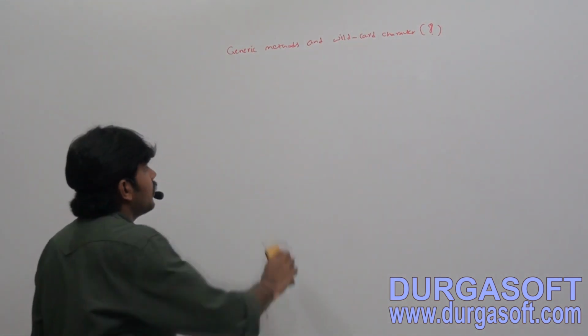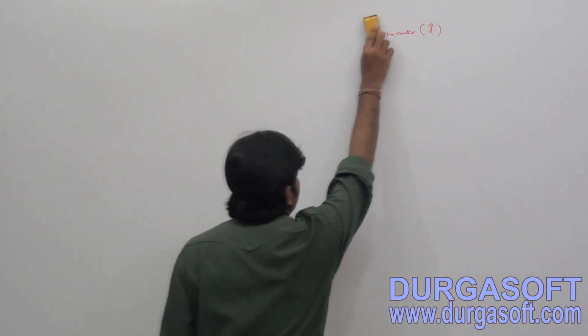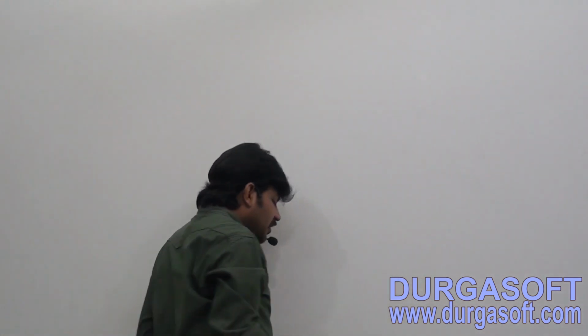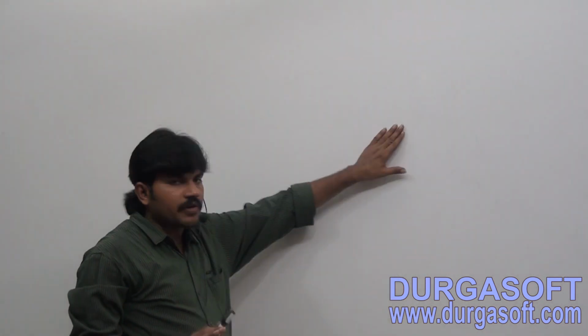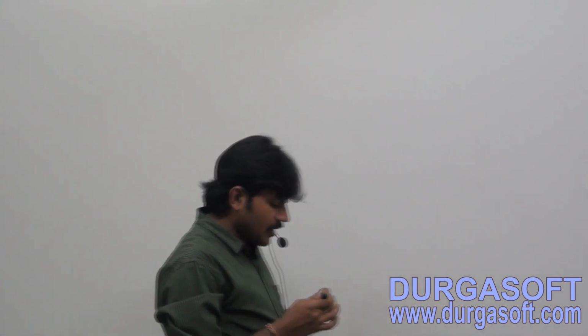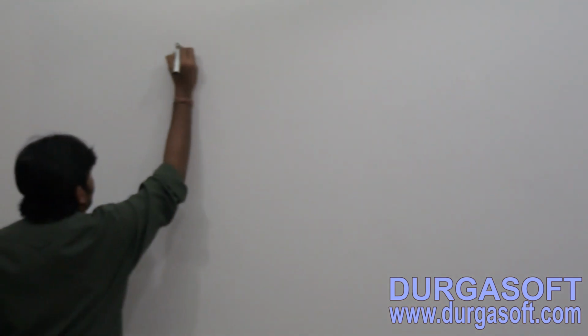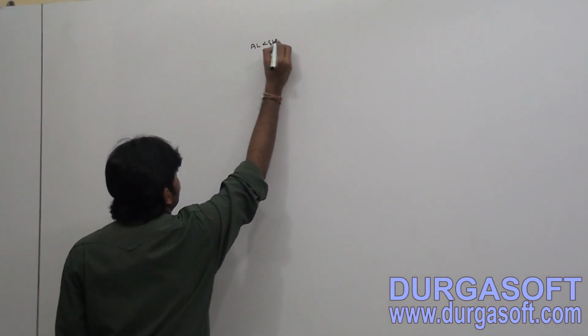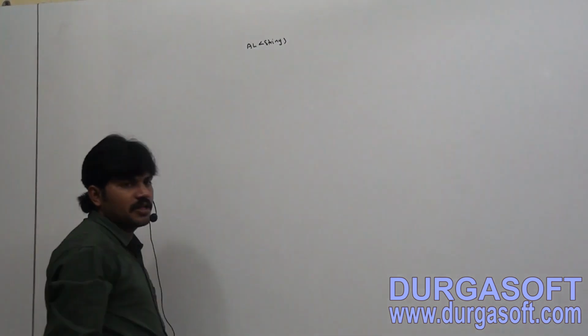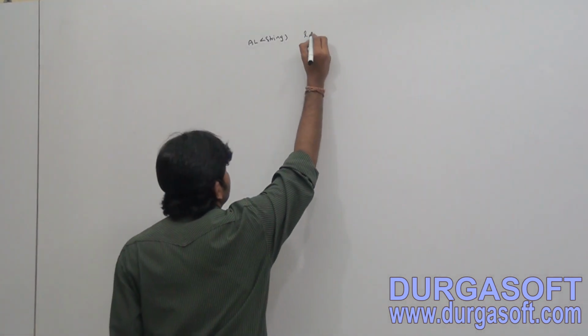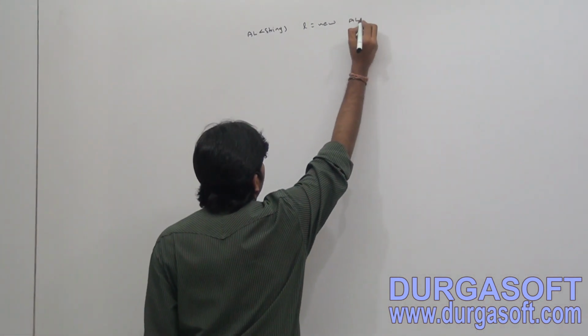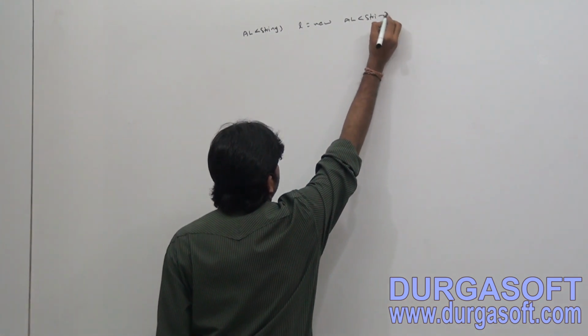Okay, now here make sure, this one is a bit important, I mean a bit difficult. Take special care to understand this concept. Now sir, I have one requirement: I have an ArrayList of String, L is equal to new ArrayList of String.